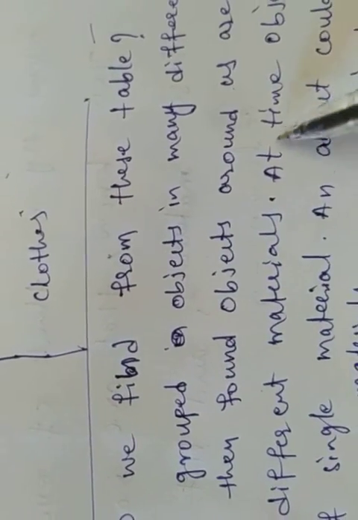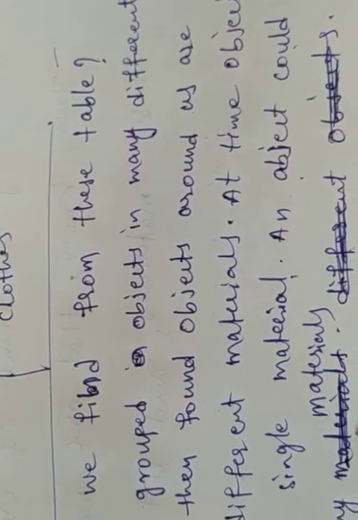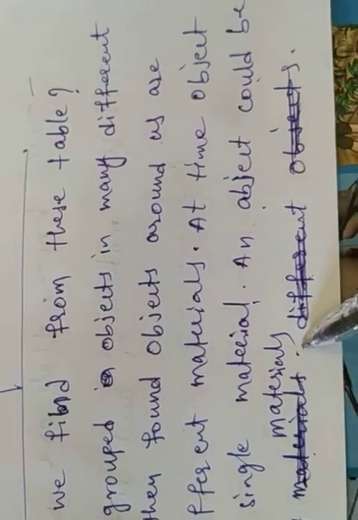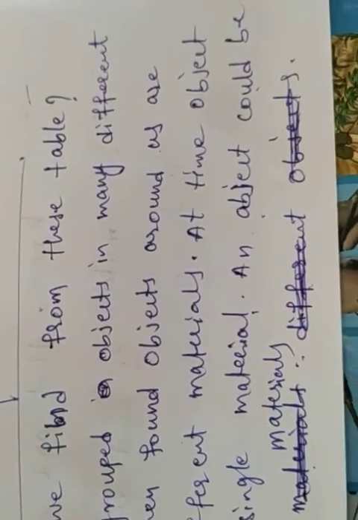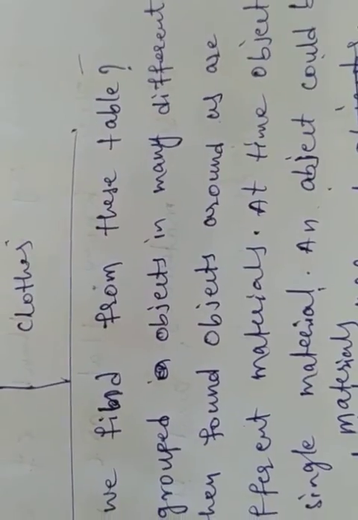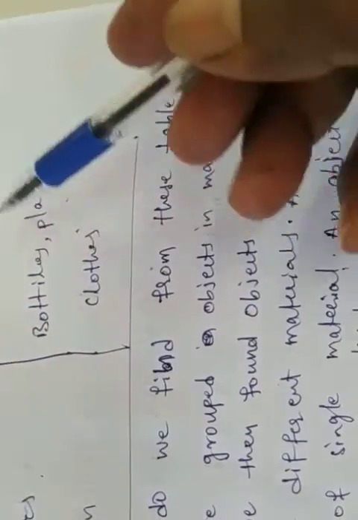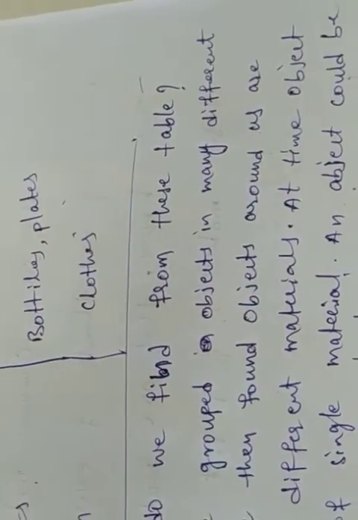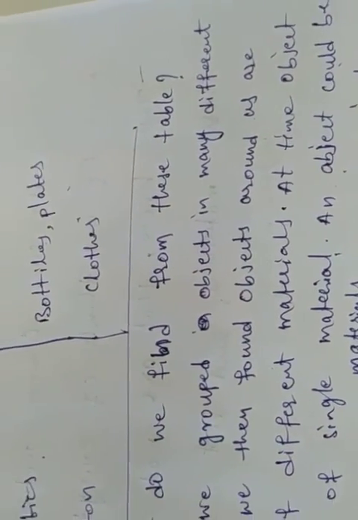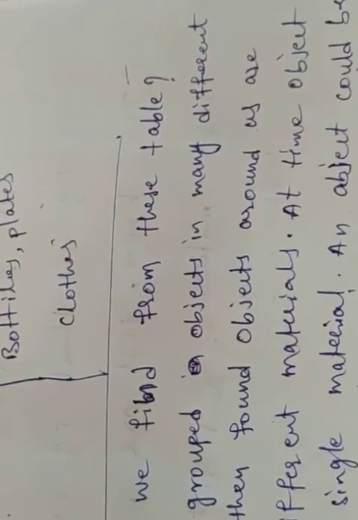An object is made up of a single material, and an object could be made up of many materials. And then again, one material could be used for making many different objects. With one material we can make different objects also. This second table we have already discussed. This is about sorting materials into groups.